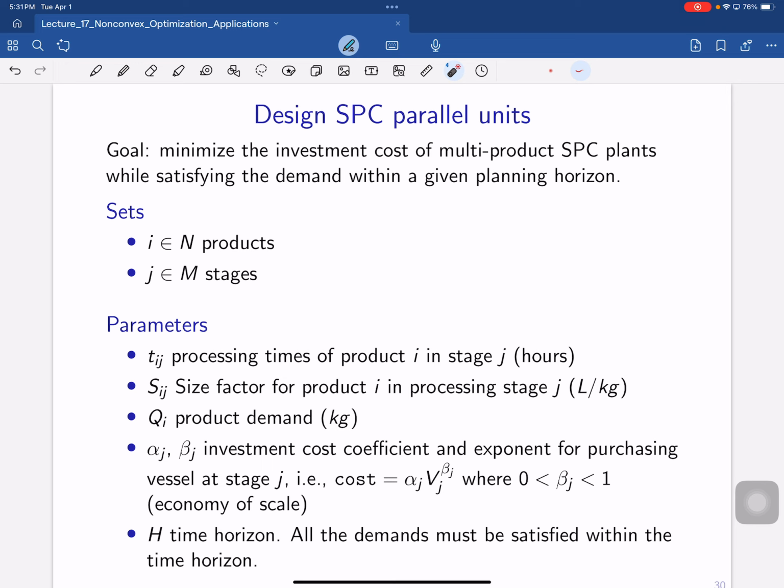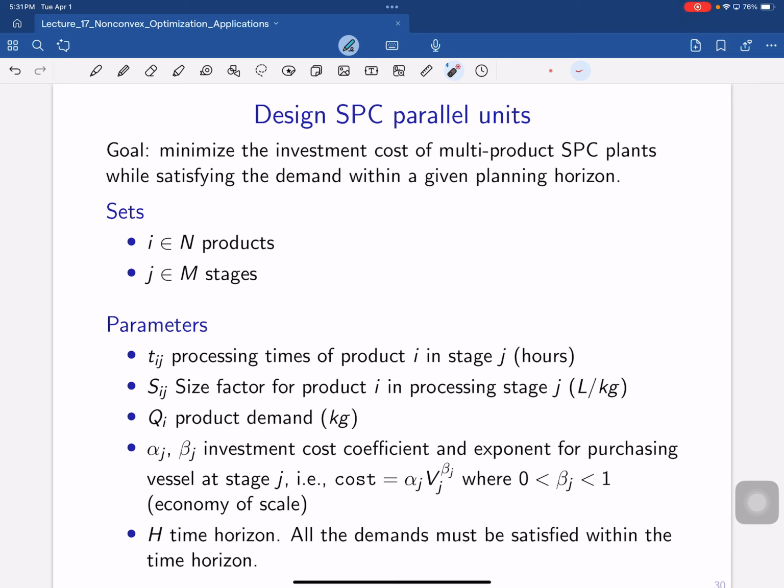So the sets involve all the products and all the stages, and the known parameters include the processing time of a product I in stage J. Sij is some sort of size factor. Right? If you have a given volume of reactor, how much can you produce per hour, for example? And Qi is a product demand. Right? So you will need to satisfy some product demand.